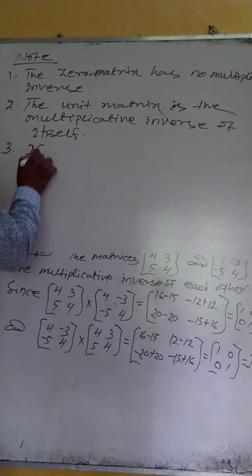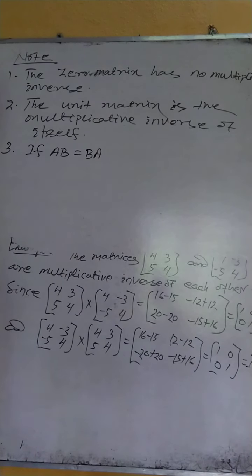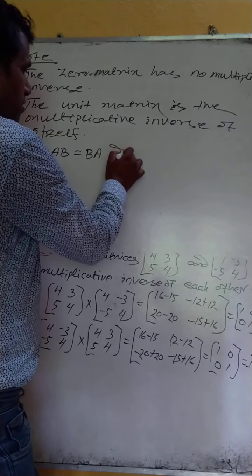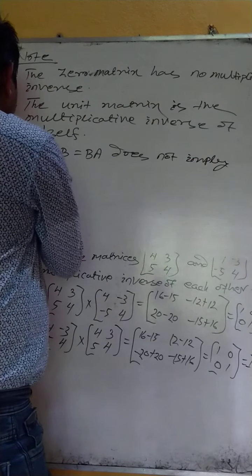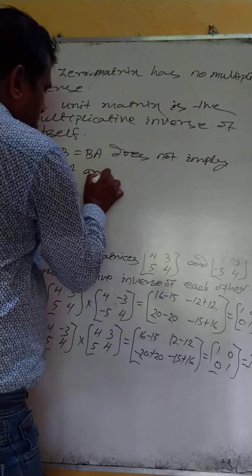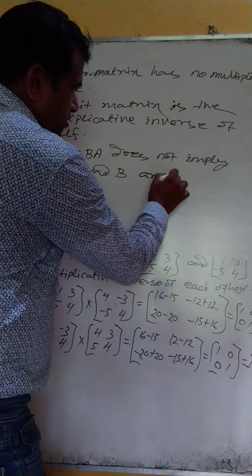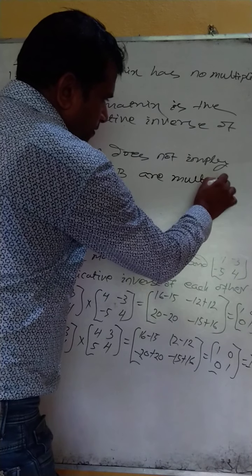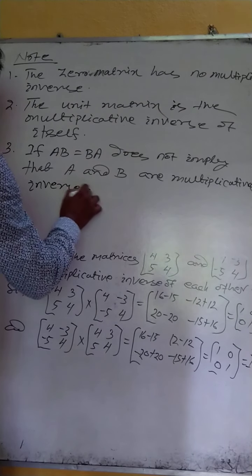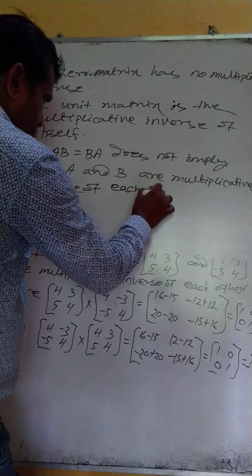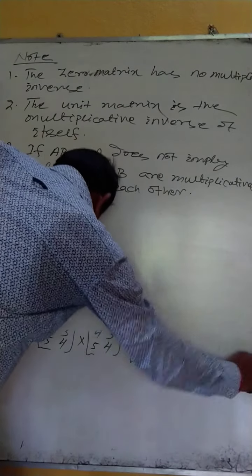Number 3: if AB is equal to BA, it does not imply that A and B are multiplicative inverse of each other. Now we take an example.